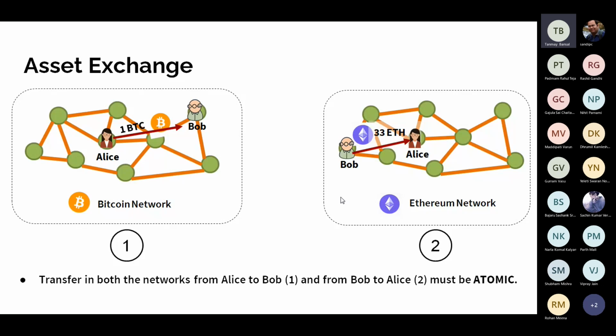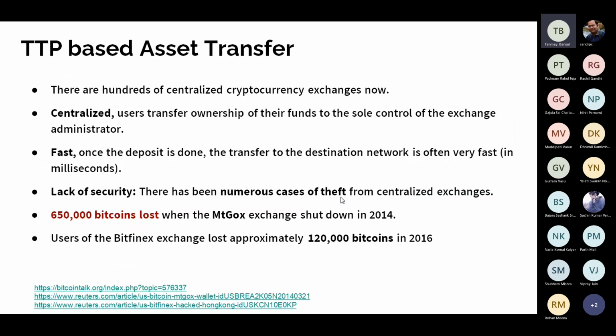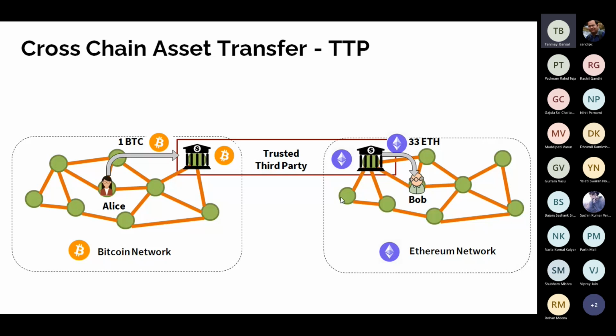In the previous example, we had Alice as a member of the Bitcoin network and Bob as a member of the Ethereum network. And then we had this trusted third party, which was a member of both the networks. And Alice could transfer one BTC to that, and then that TTP would transfer 33 Ethers to Bob.